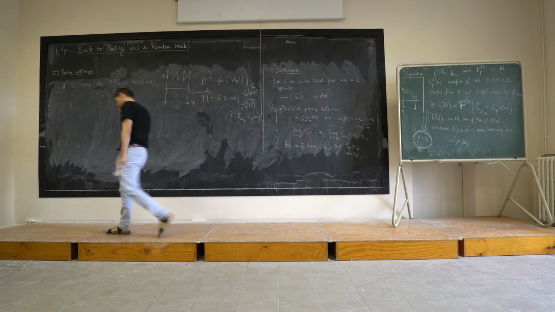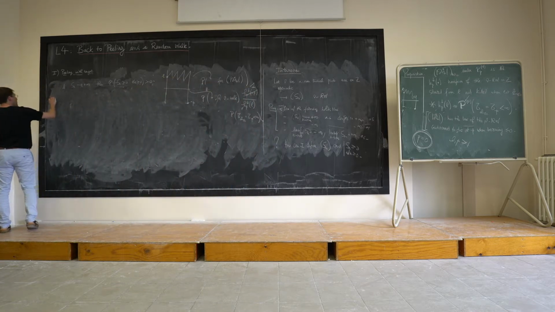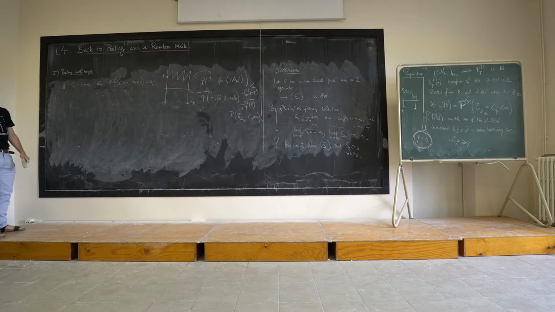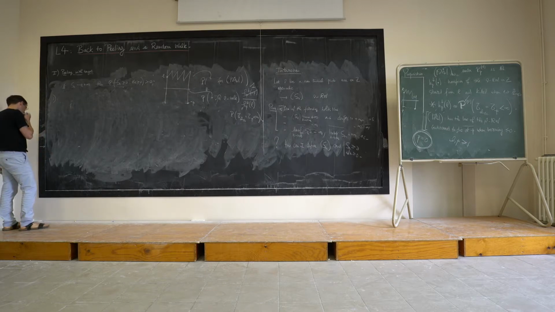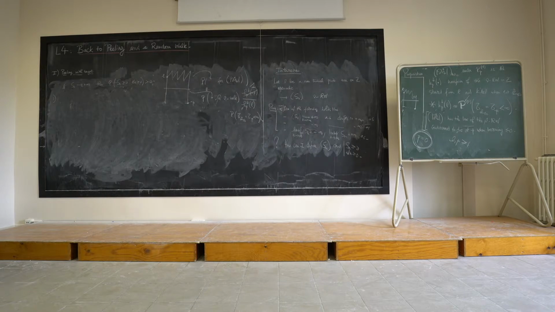All right, so what's the remedy? It's to go through a bit of fluctuation theory of random walk and what is called the renewal function.